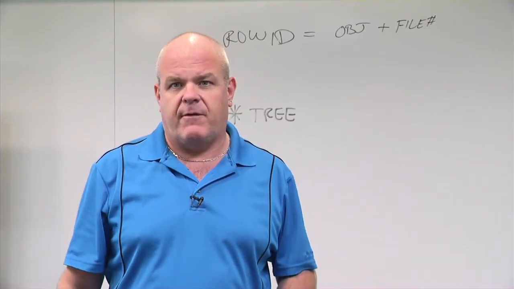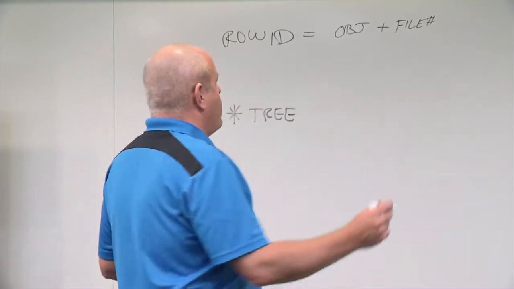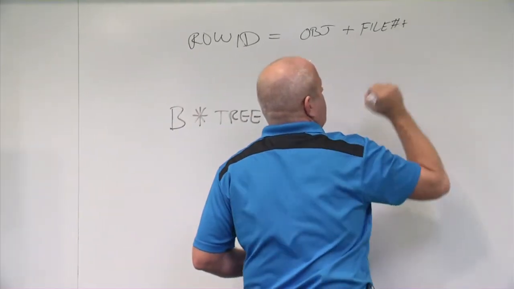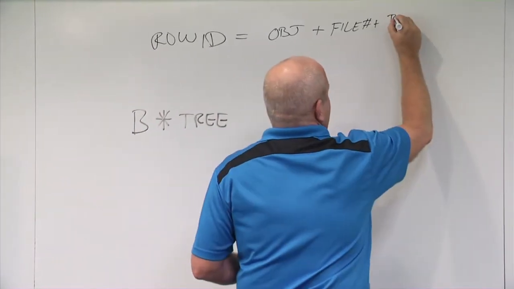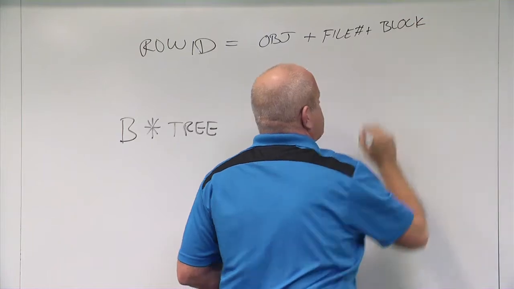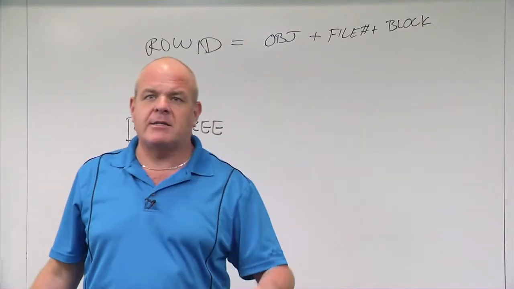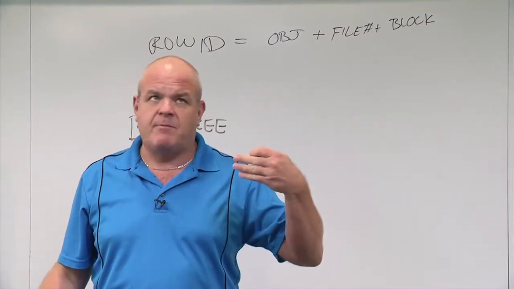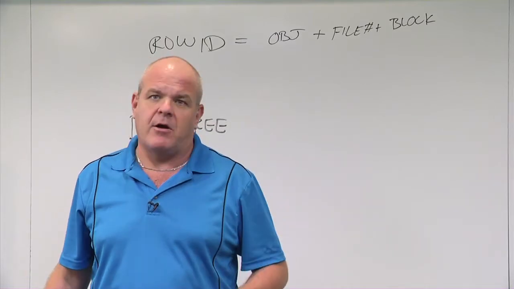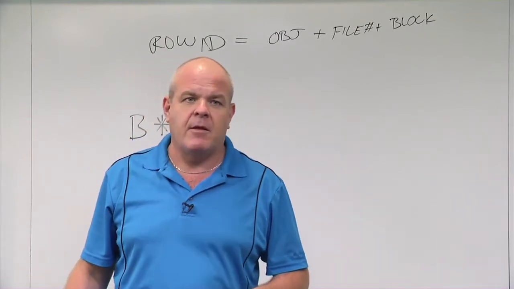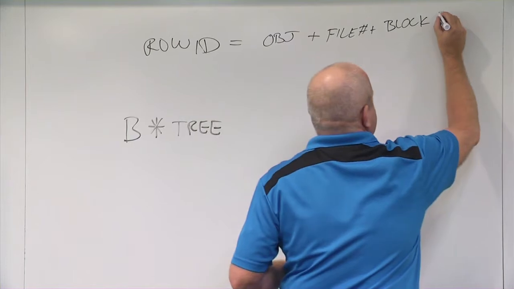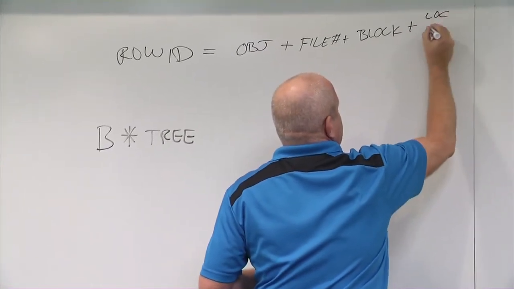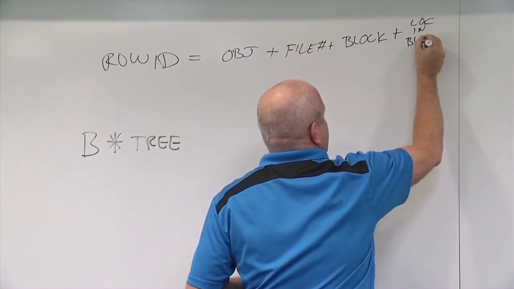So it tells us what data file it is. The third part of it is a block number. So file 5, block 600. File 6, block 700, and so on and so on. The last is location in block.